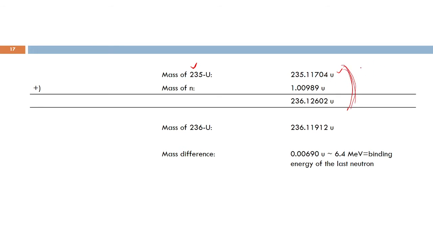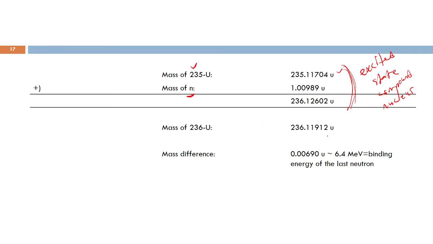So this is the mass of the excited state compound nucleus, because of the addition of the thermal neutron.